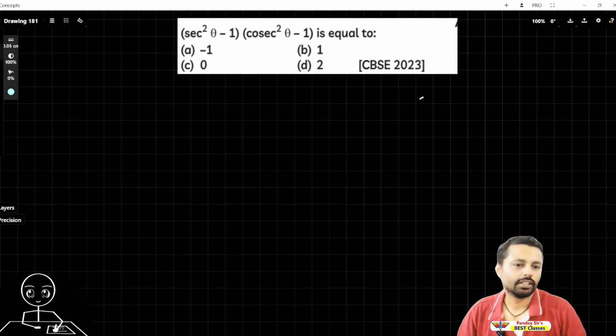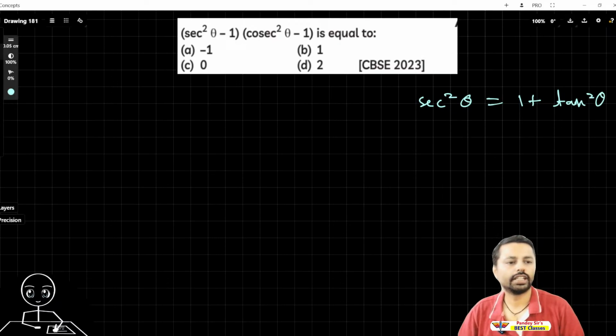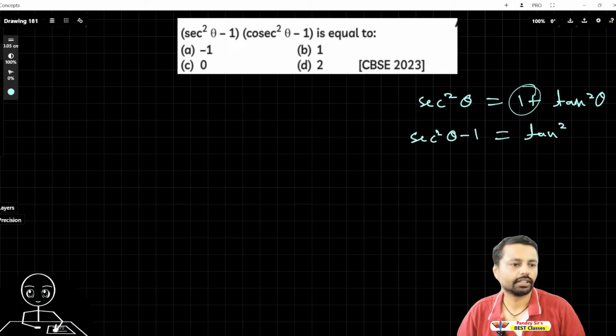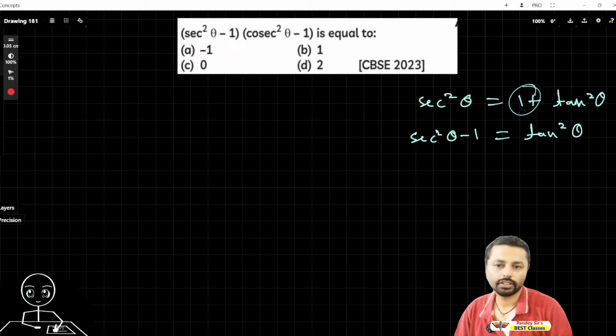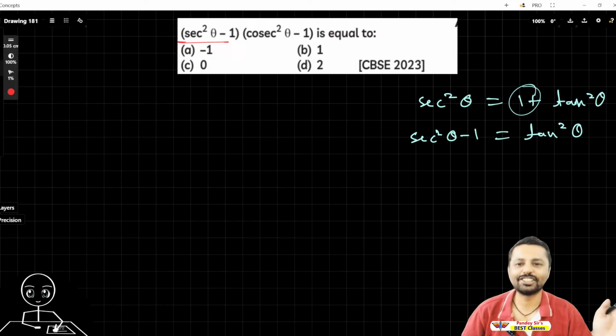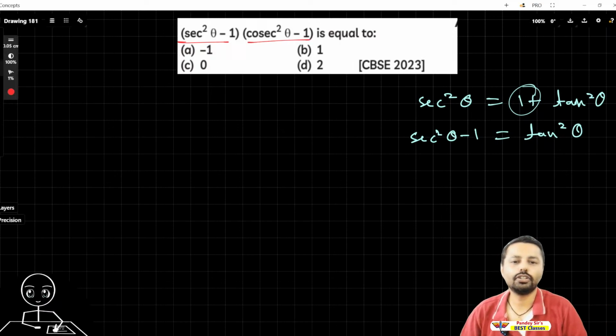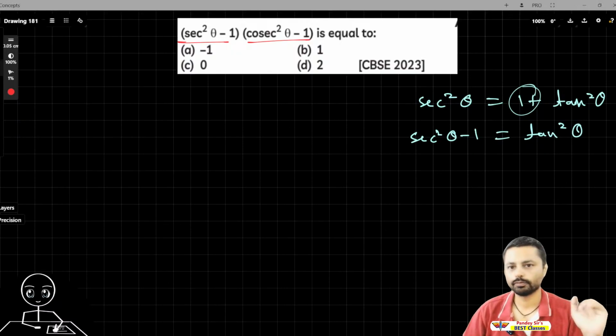You know sec squared theta equals 1 plus tan squared theta. So taking this to that side, we get sec squared theta minus 1 equals tan squared theta. This one we can convert into tan squared theta, and the other into cot squared theta. That's the trick. Got it?